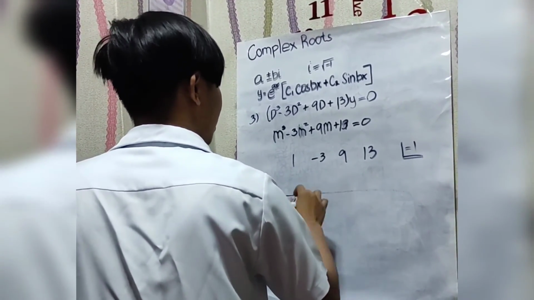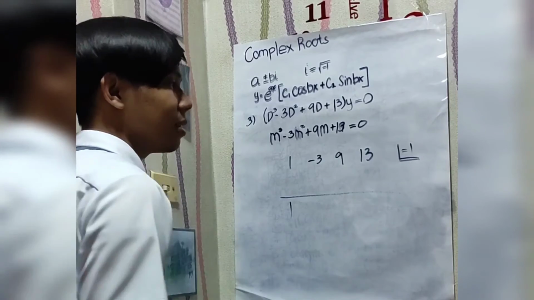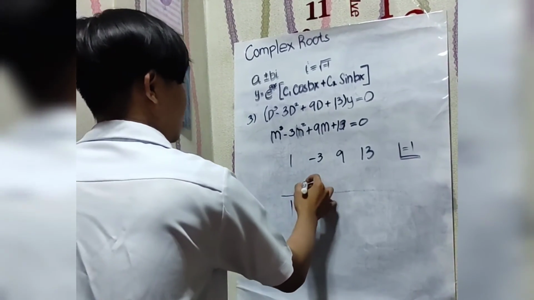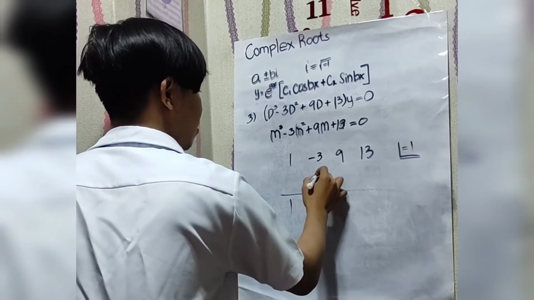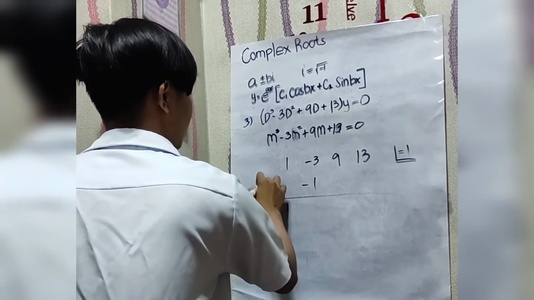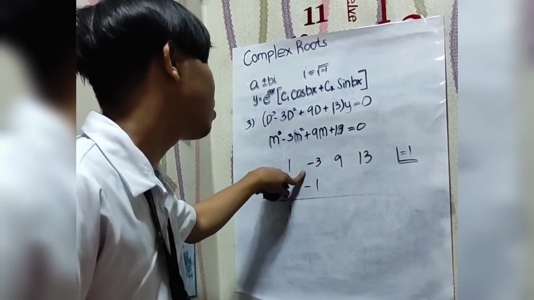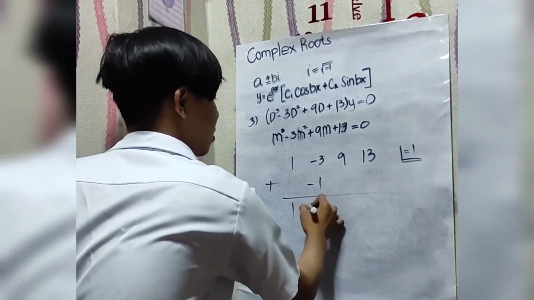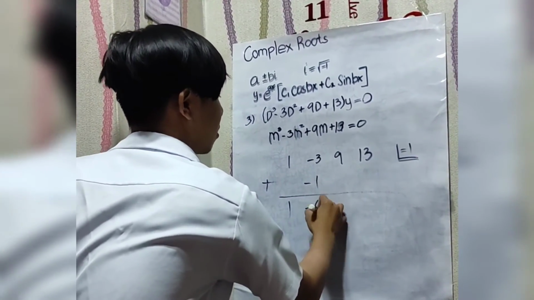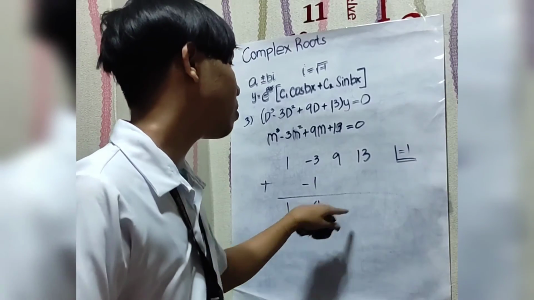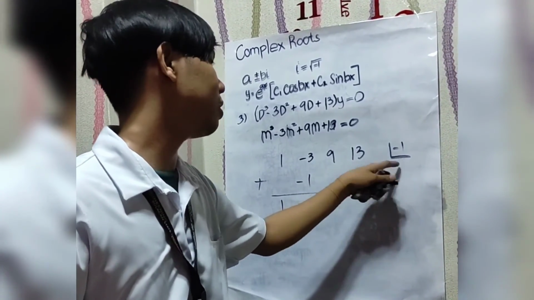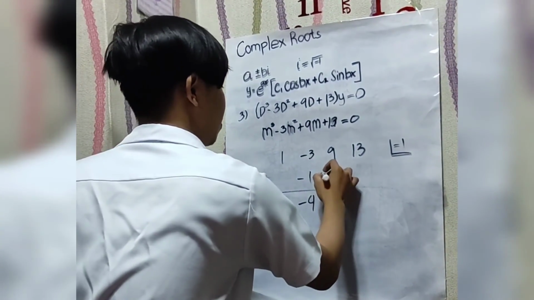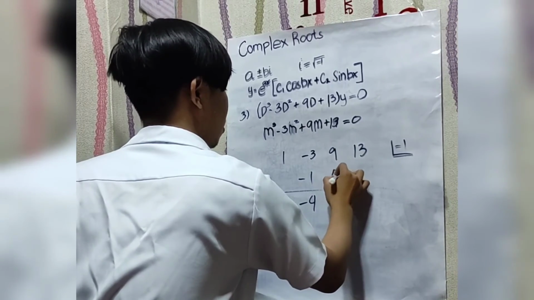1 times negative 1 is negative 1. Negative 3 plus negative 1 is equals to negative 4. Negative 4 times negative 1 is positive 4.